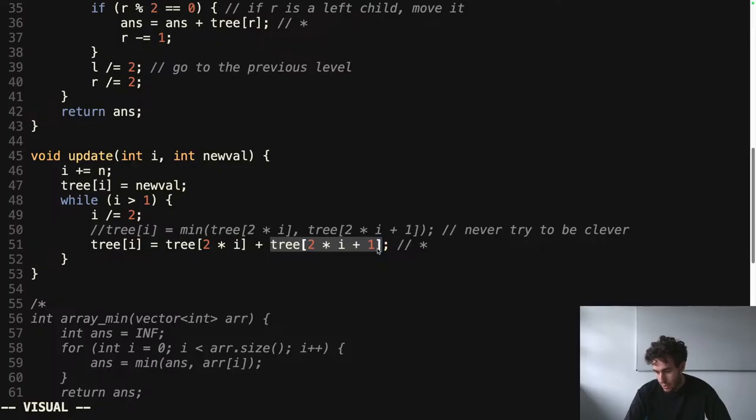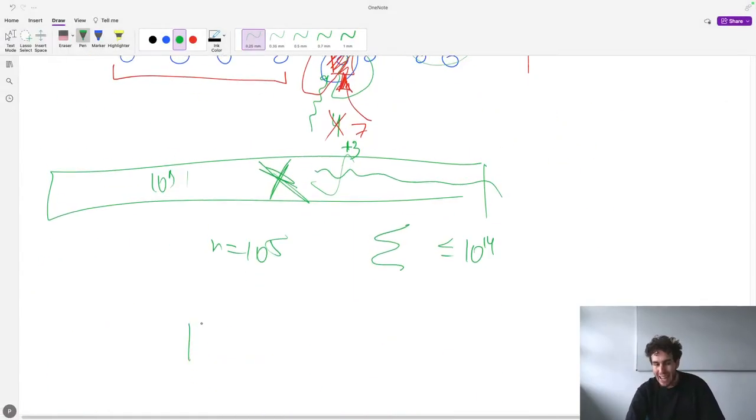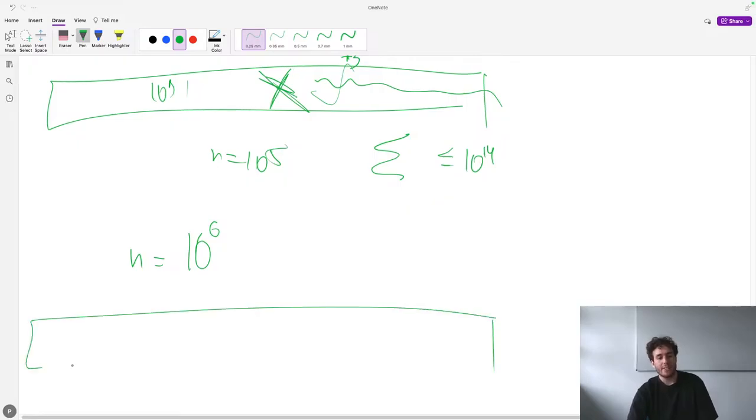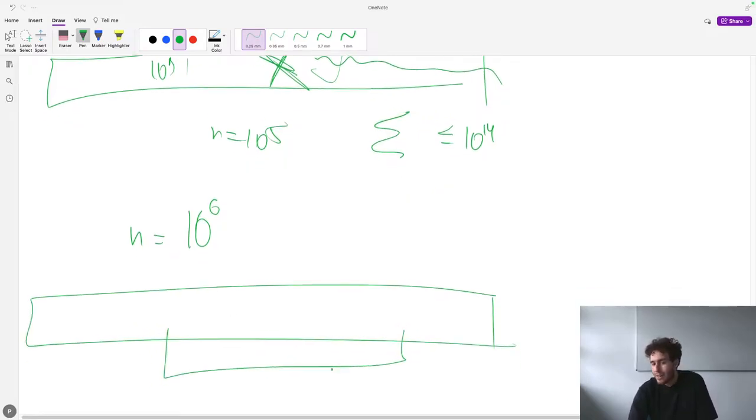Great. To me, this is super fascinating because just think about it. Let's say you have a million elements and I want to find minimum on any kind of segment there. And I only need to look at 40 different values in my tree, right?